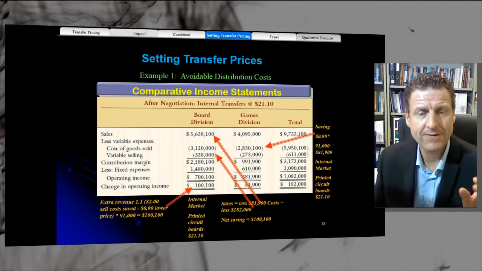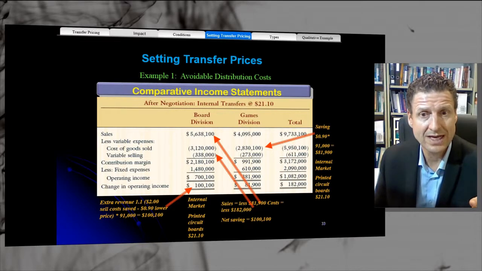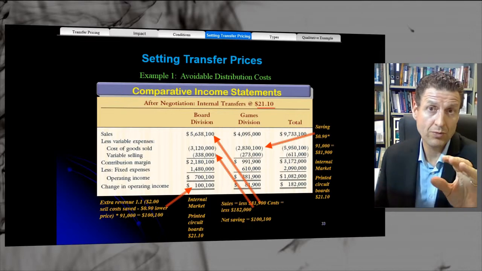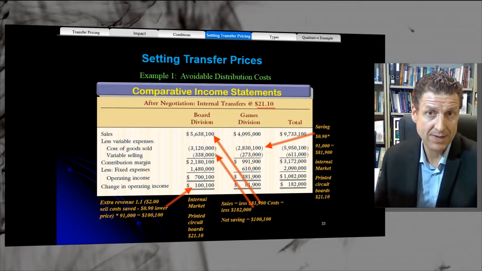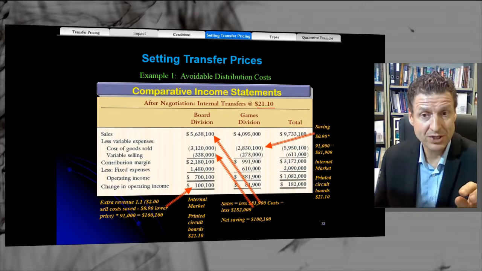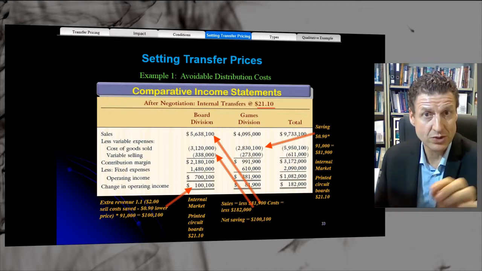Now, what if board division decides we're going to sell these units at $21.10? So you can see that we're making the assumption now that board division does not have excess capacity. Okay, so board division, the maximum it can sell to games division is going to be $22.